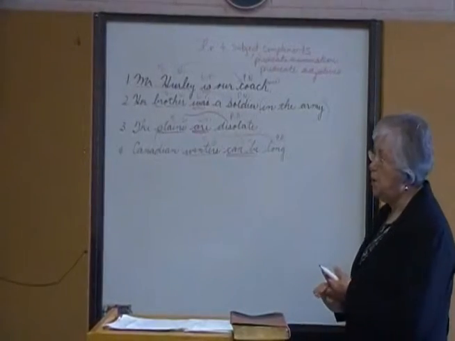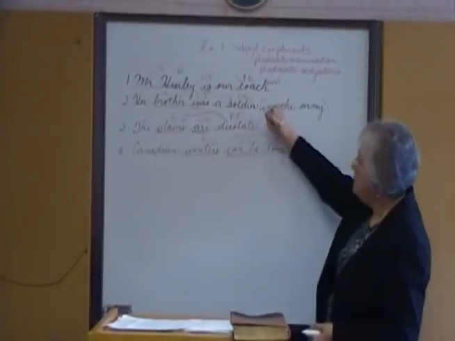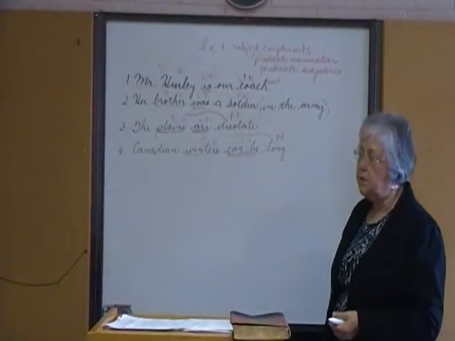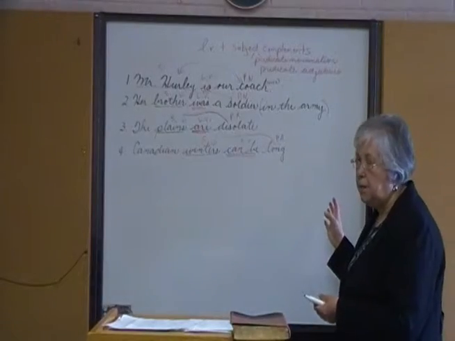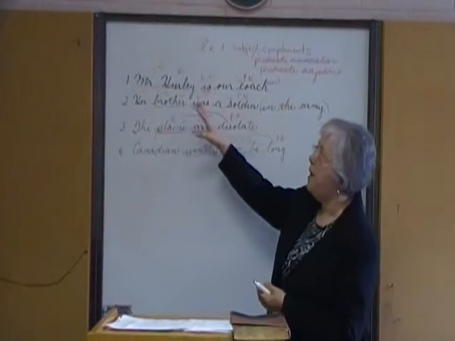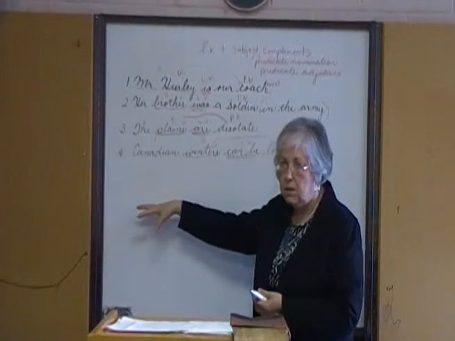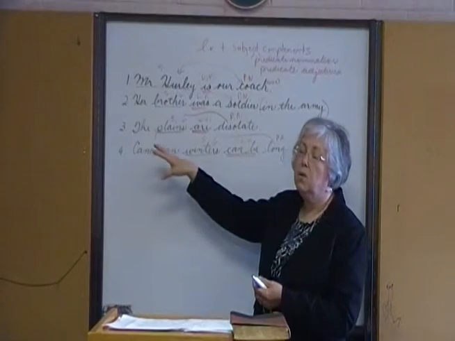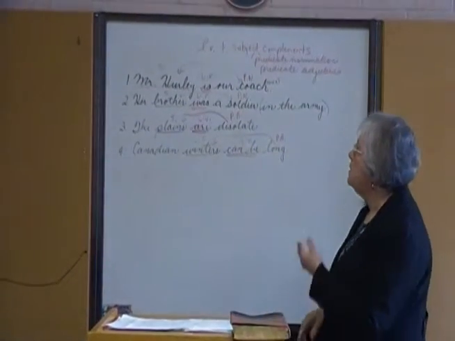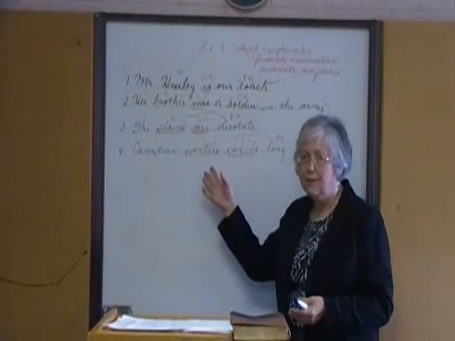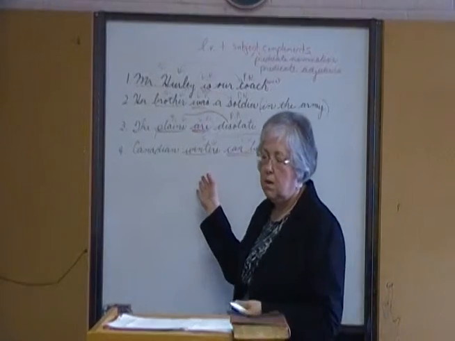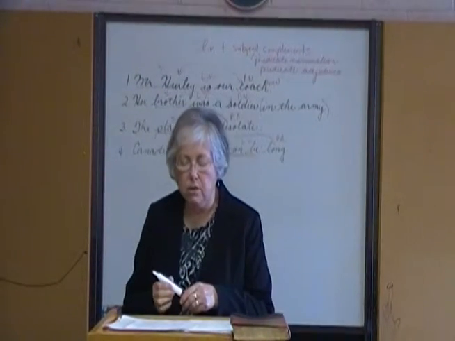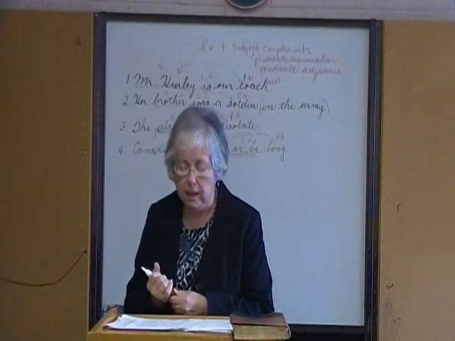So for your subject complements, you have predicate nominatives or predicate adjectives. They are subject complements because they are linked back to the subject, either identifying it or describing it. Subject complements follow linking verbs. Am, is, are, was, were, be, being, been.